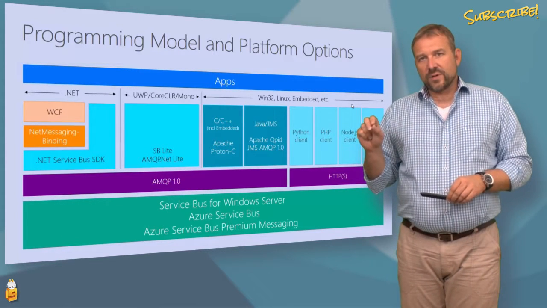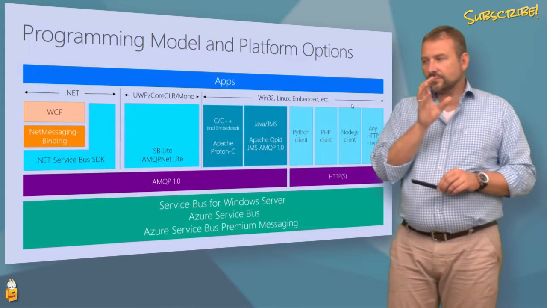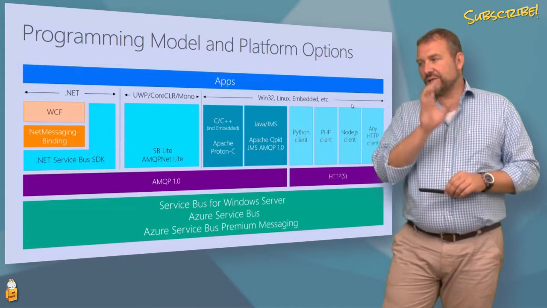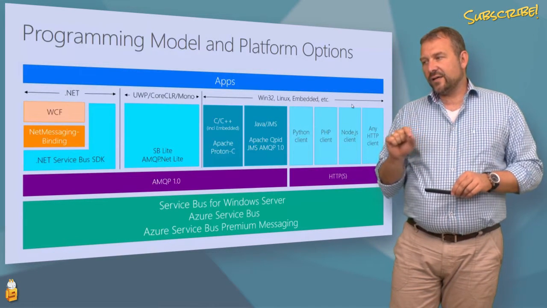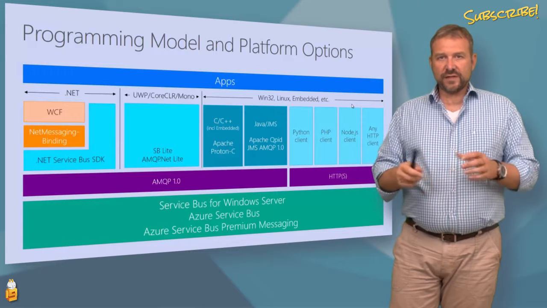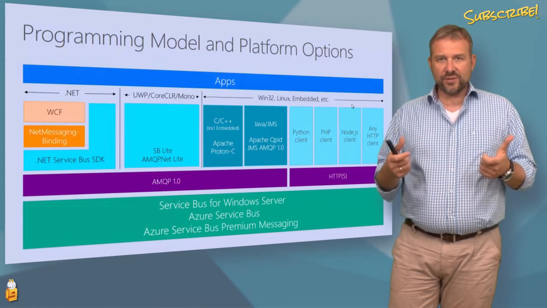And the AMQP protocol is backing our .NET SDK, which many of you are using, which still has support for .NET CF if you want that. We have AMQP.NET Lite, which is effectively a light library which exposes more of the primitives of AMQP.